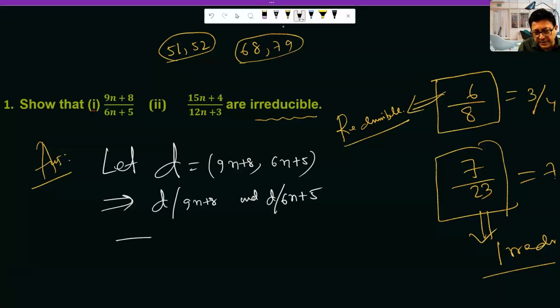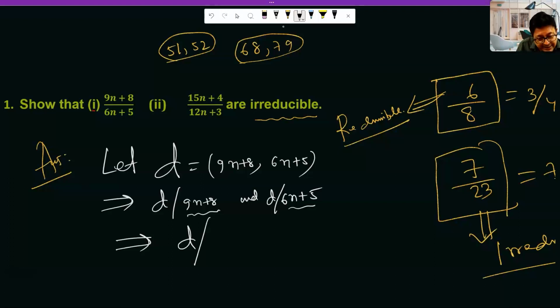Am I correct? This implies, going by the linear combination method, D divides, and as I told you in the previous sum, my aim is to remove n from there. Decision making will be easier. Multiply this by 2 and this by 3. That is possible because D divides A and B means D divides their linear combination.